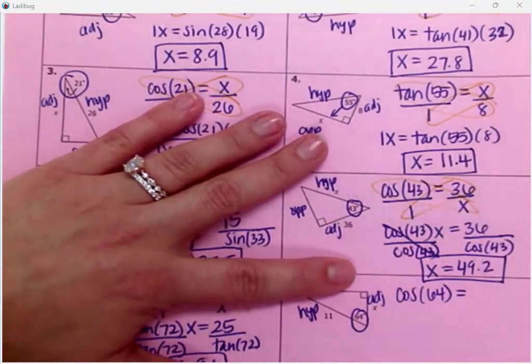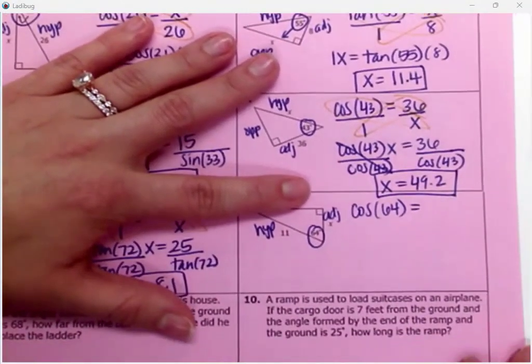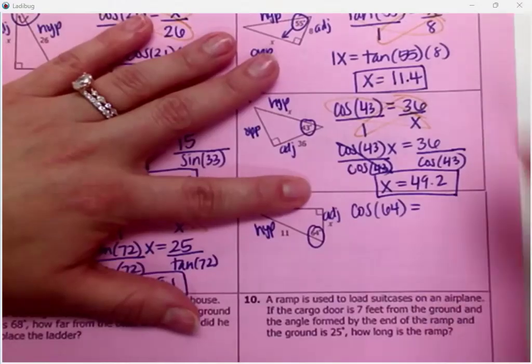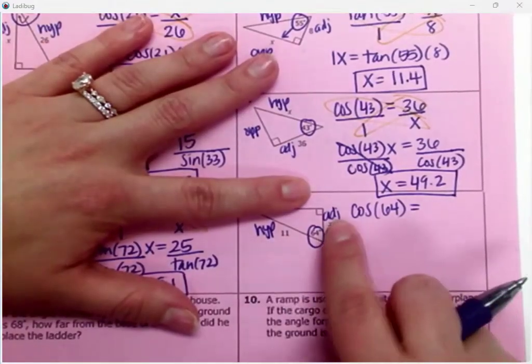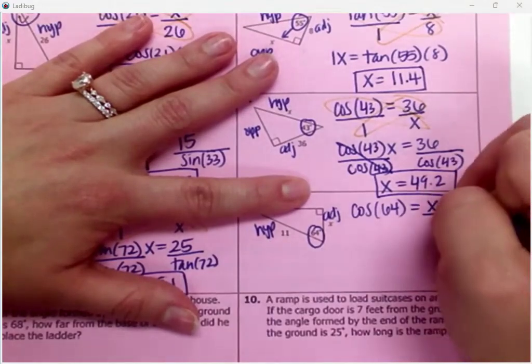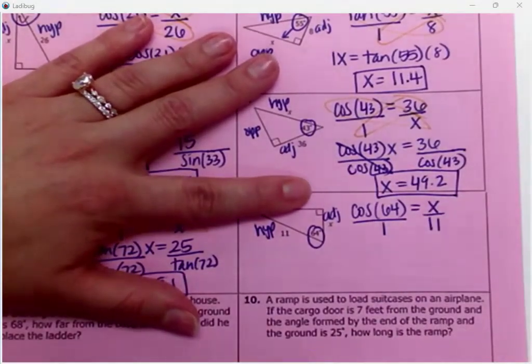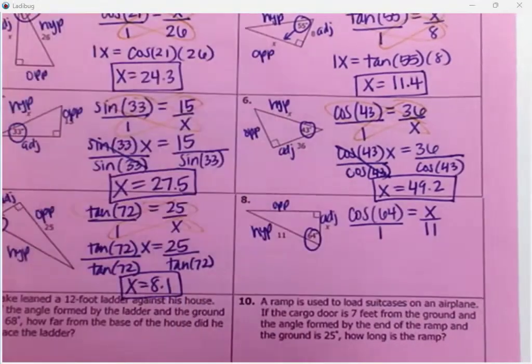How do I set up this ratio? Is it x over 11 or 11 over x? X over 11, because it's your adjacent over hypotenuse. So on this problem, did we have to divide or did we have to multiply? Multiply, okay?